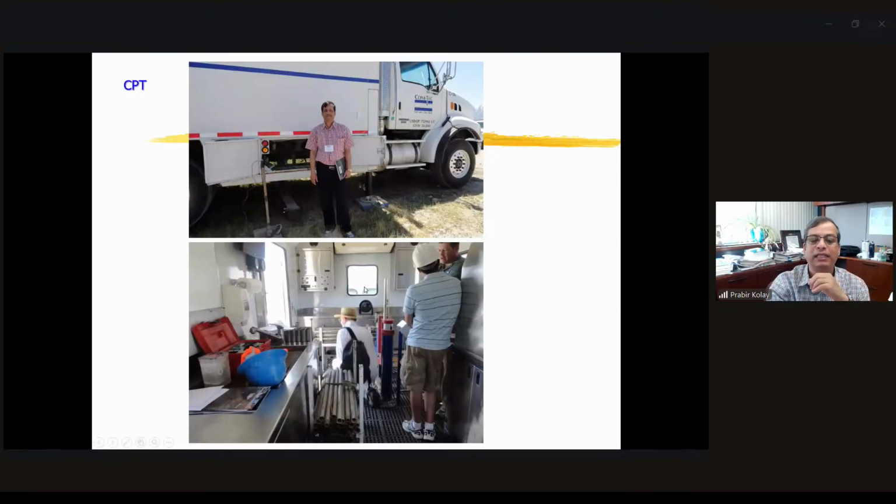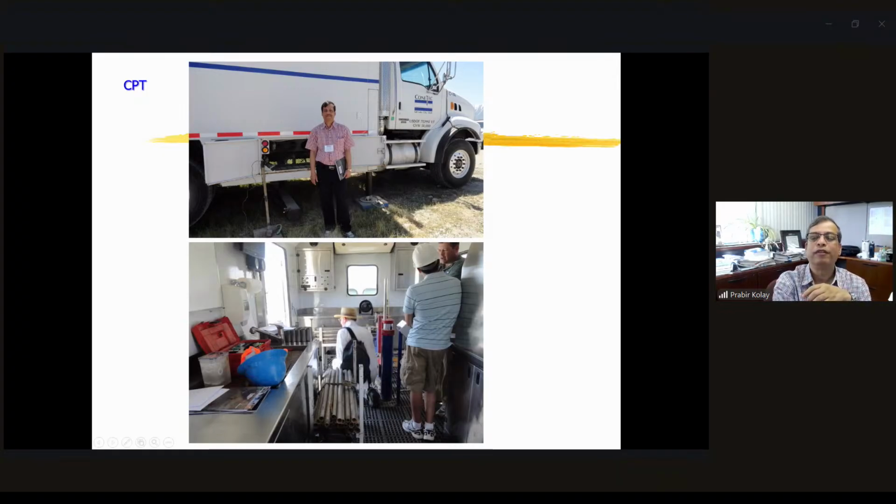It is mounted inside the truck, and these are the different lengths of tube. At the bottom of the truck, the pipe goes down and is pushed into the ground.